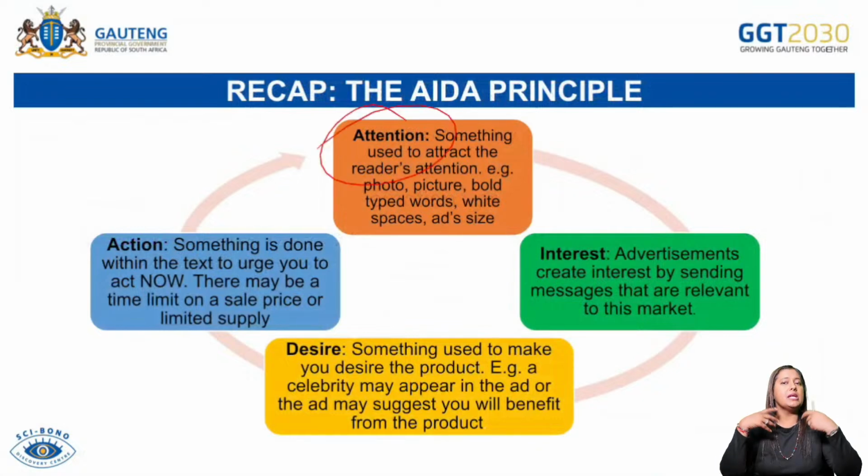Maybe it's the layout, maybe the font, maybe an image included in the advert that could conjure up a different response. There is something the advertiser will use to attract you, the target audience, so you need to look at that. The second aspect is interest.